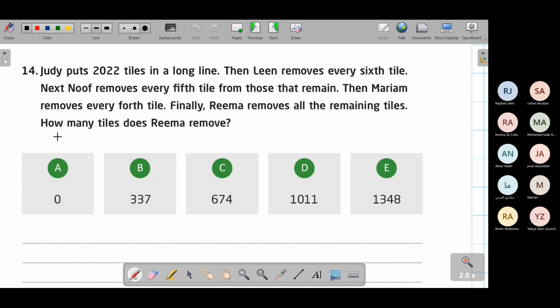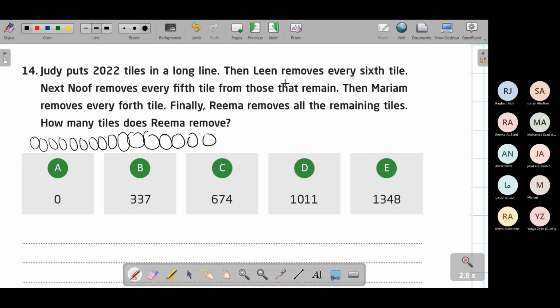I will explain. For example, 1, 2, 3, 4, 5, 6, 7, 8, 9, till 2022. Understood? So let's start. Lean removes every 6th tile.